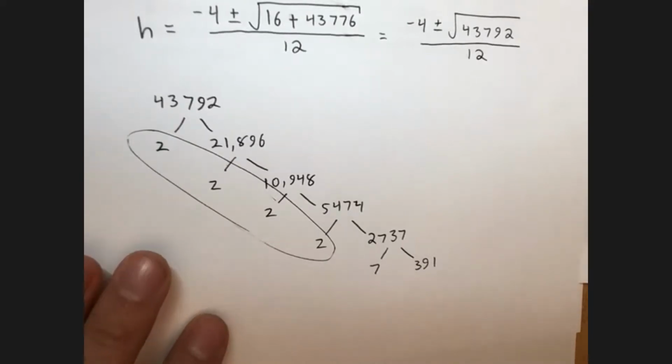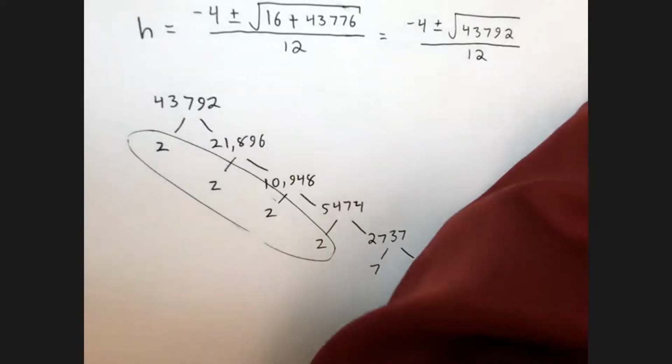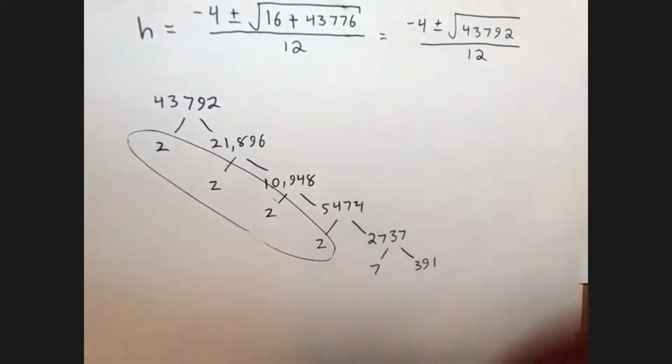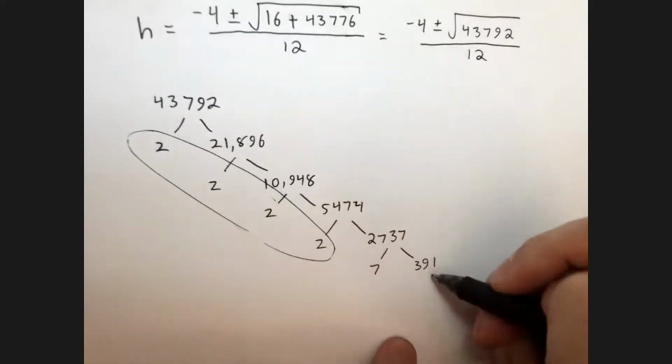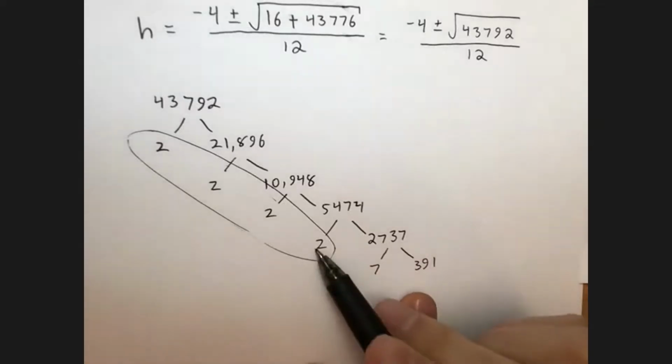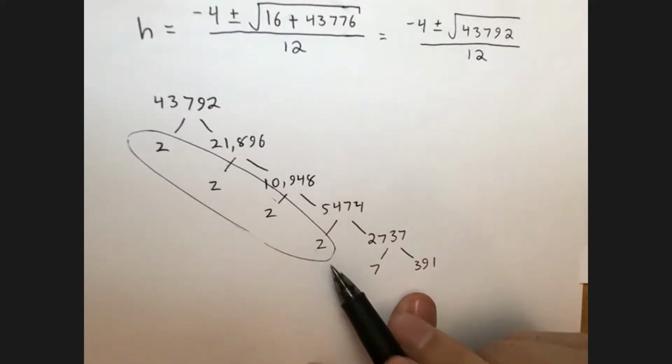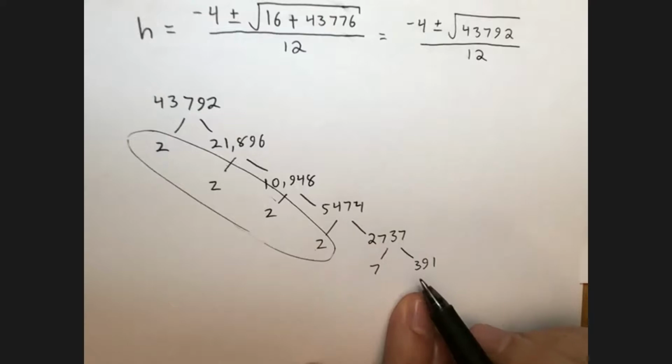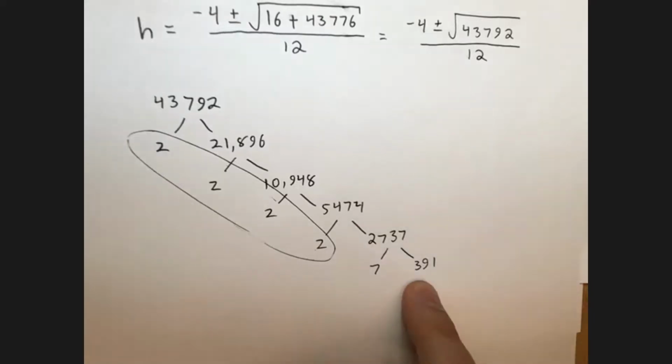And now what about 391? Can I factor 391 anymore? Let's see. Can I get anything out of there? Well, I know it's not divisible by 2. I already tried 3. 5, no. 4, no. So that's 6, no, because it's not even. 7, no.